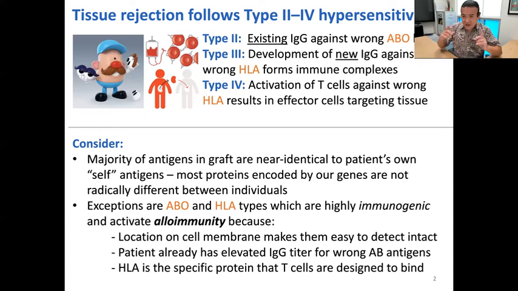That means the shapes of the MHC platforms are pretty close to what the host's own T cells have been trained to tolerate. Another way of saying it is that any brand new T cell forming in the thymus of the host, if it came up with a T cell receptor that reacts strongly against a differently shaped self HLA, then that T cell would never be allowed to go to work.